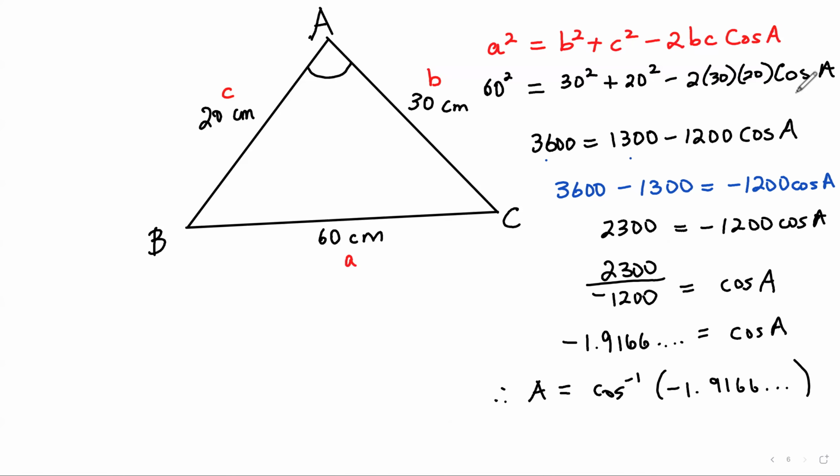And then 2 times 20 times 30 is 1,200. Okay, so far so good. So then we'll say 3,600 take away 1,300, which will give me 2,300.